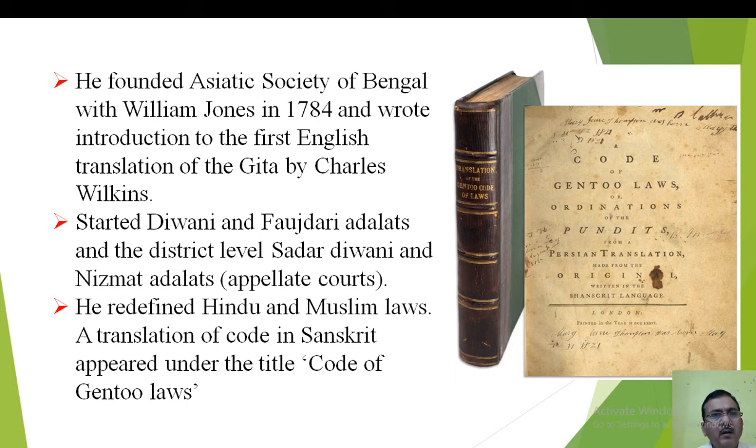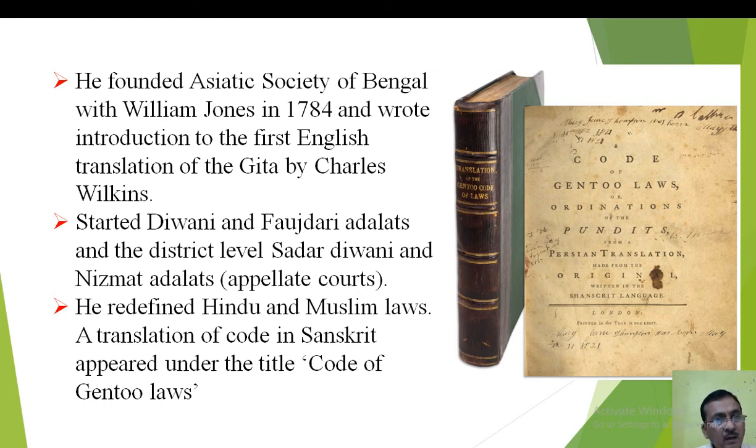He was also the one who wrote the introduction to the first English version of the Bhagavad Gita, which was translated by Charles Wilkins. Charles Wilkins wrote the translation of the Bhagavad Gita in English, but the introduction was given by Warren Hastings, the first Governor General of Bengal.